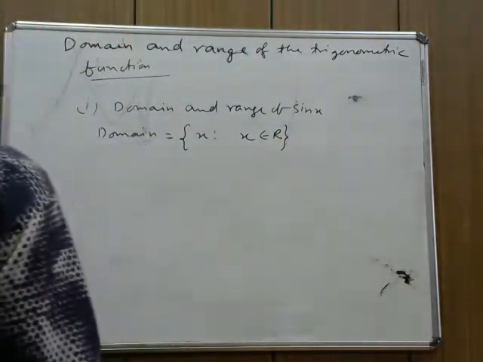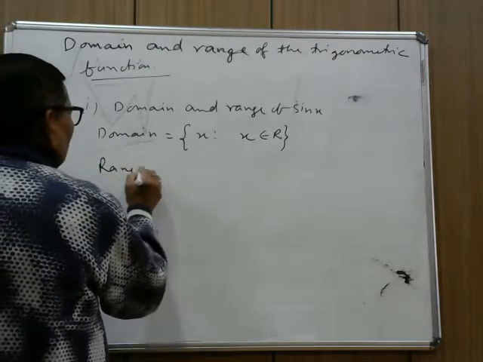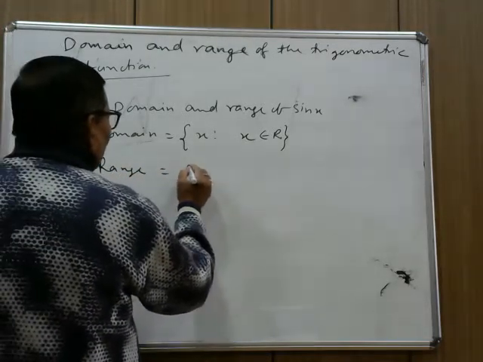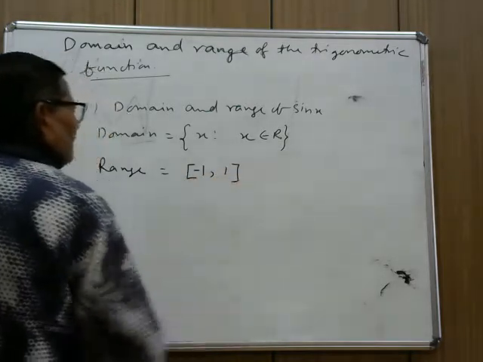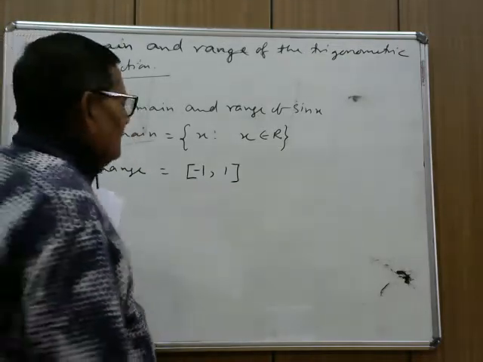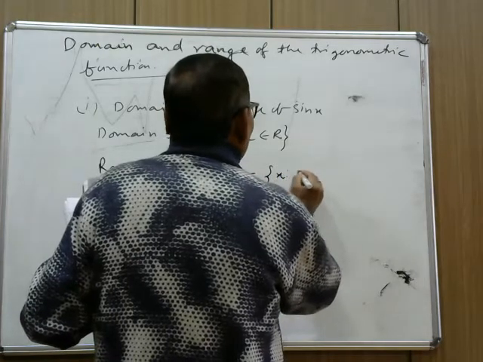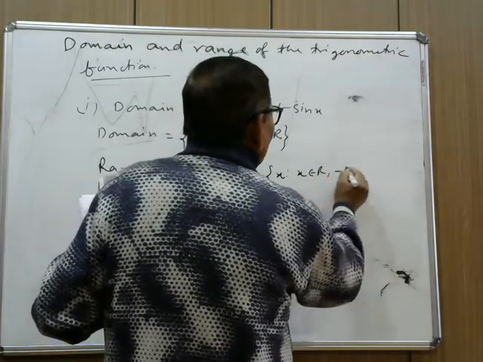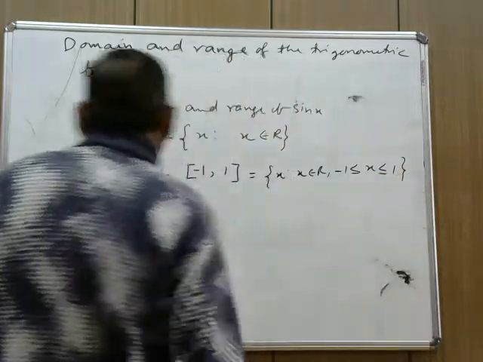Your domain of sin x is the set of real numbers, and your range lies between minus 1 and 1, including minus 1 and 1. So it can also be defined in set builder form as all x such that x belongs to R, minus 1 is less than or equal to x is less than or equal to 1. This is the meaning of that.